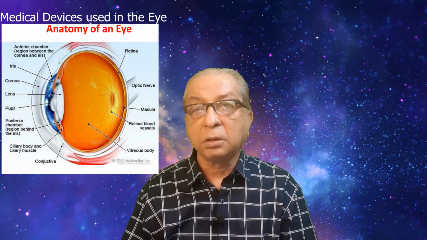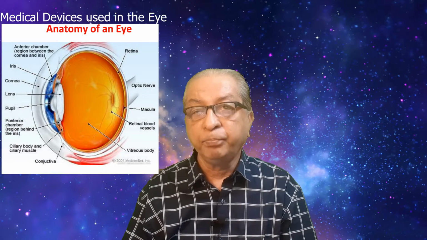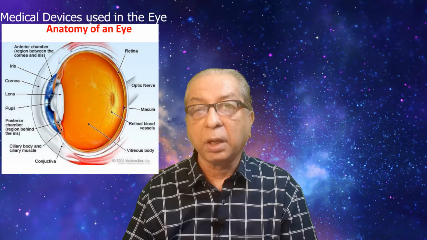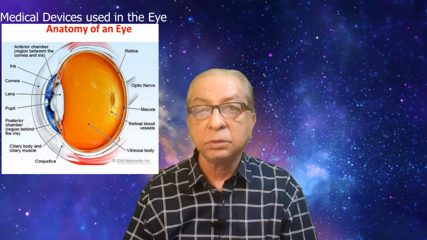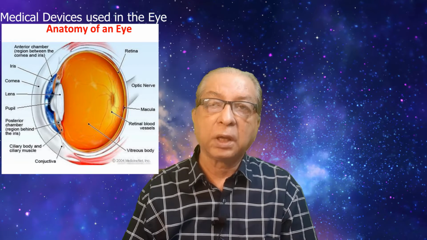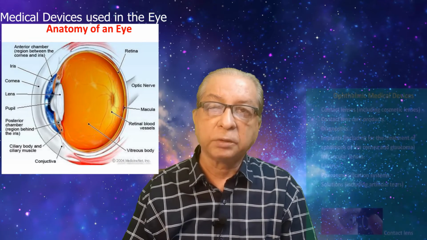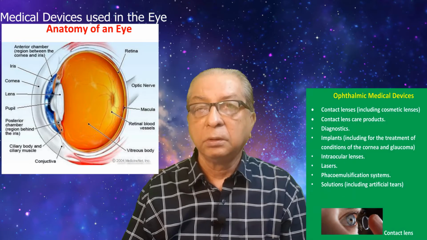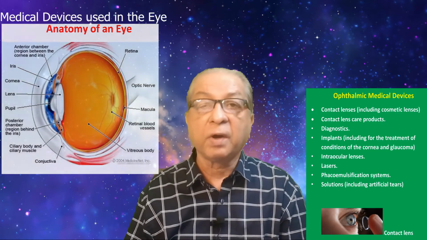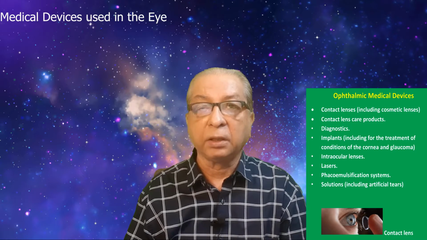Looking grossly, you see an eyeball protected by eyelids, and eyelids having a row of hairs to protect the eye. Medical devices used in the eye are called ophthalmic devices also. Ophthalmic.